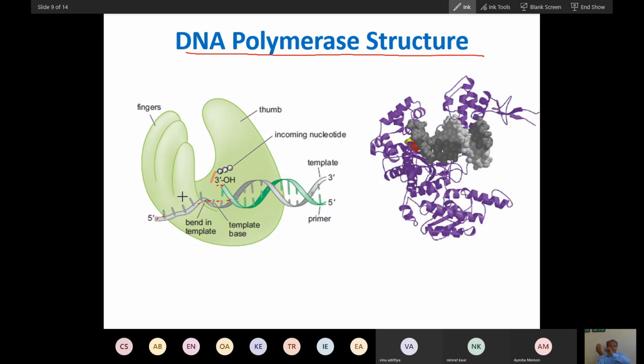So this DNA synthesis is like this. The DNA polymerase moves like this. The finger domain comes like this, and it will polymerize like this.